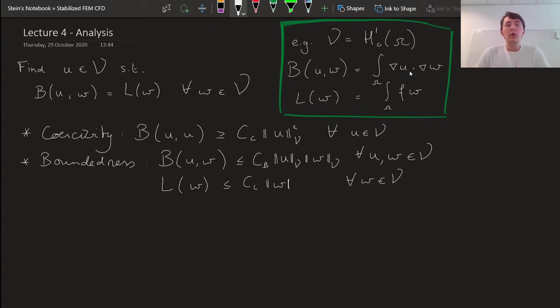And what we learned so far is that to understand these equations and to be able to say things about existence, uniqueness, and stability of solutions, there are two core concepts, and those are coercivity and boundedness. We started off already getting a feel of what these mean, specifically coercivity.